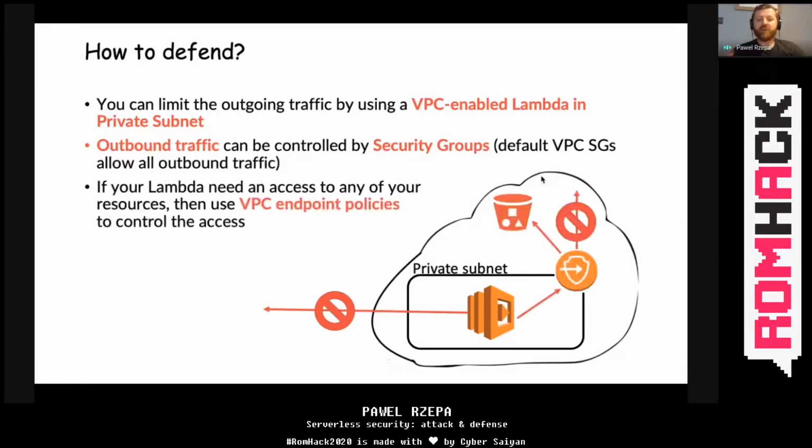Furthermore, if you require any interaction with your internal AWS resources, like, for example, the S3 bucket, then you can use VPC endpoints and specify the permissions using VPC endpoint policies.